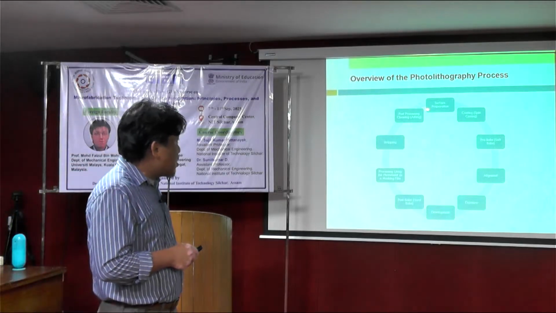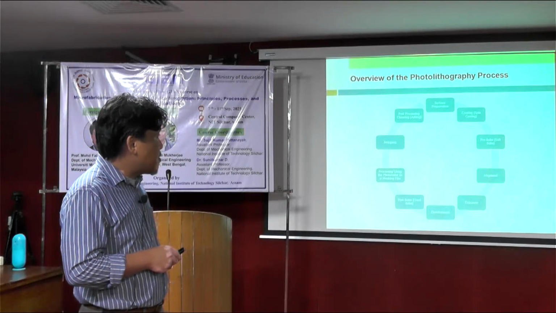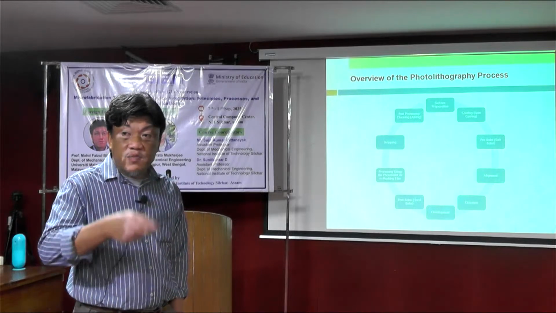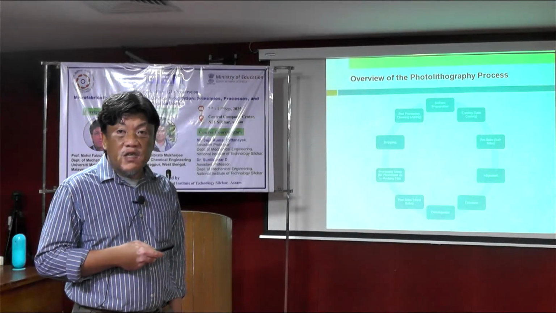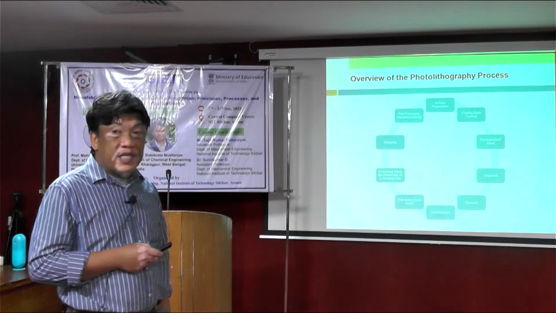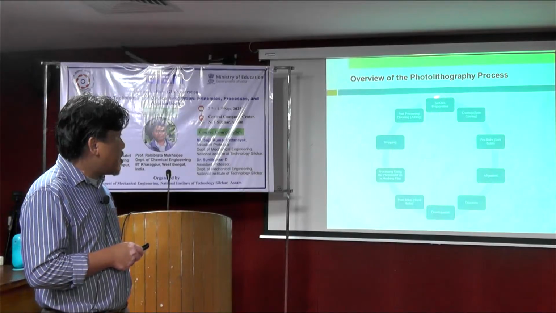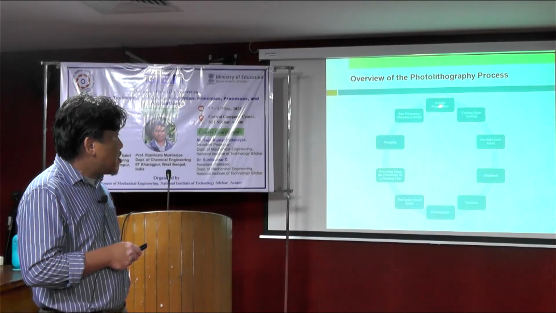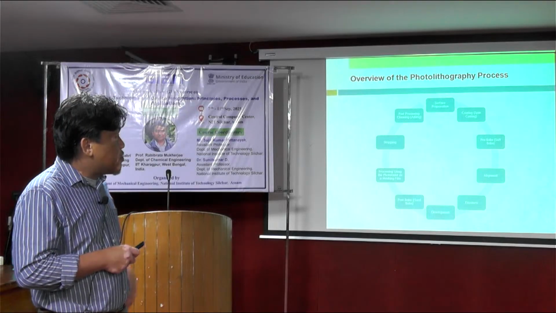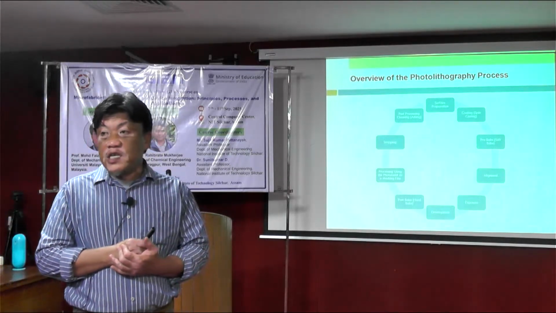So in the process of photolithography, you have to go through a certain process sequence. Basically, the sequence has to be followed accordingly in order to obtain a good transfer of pattern onto a substrate. So here you have surface preparation. Surface preparation is crucial in order to have the polymer attached to the material in a good manner.